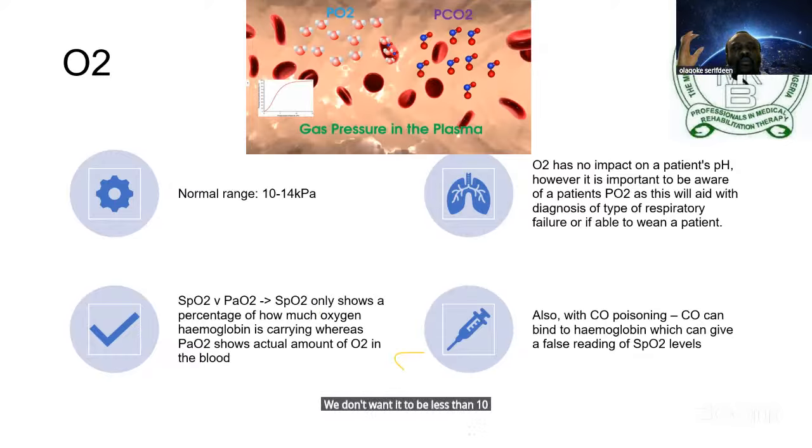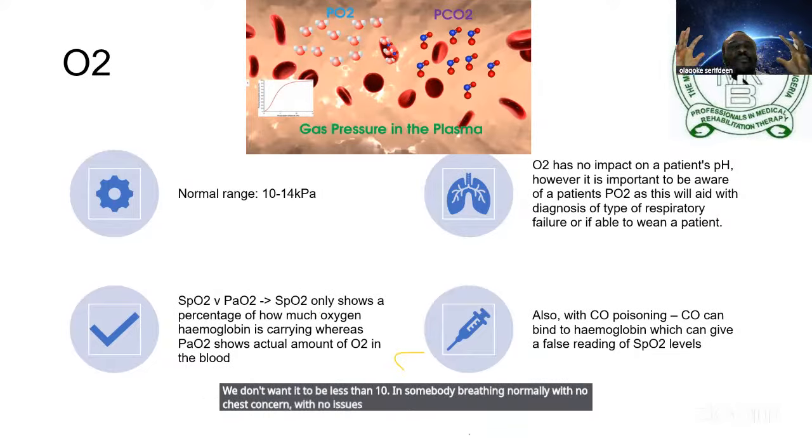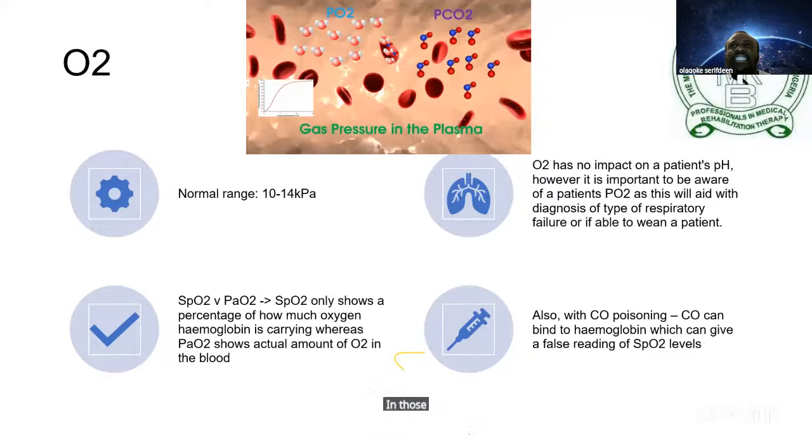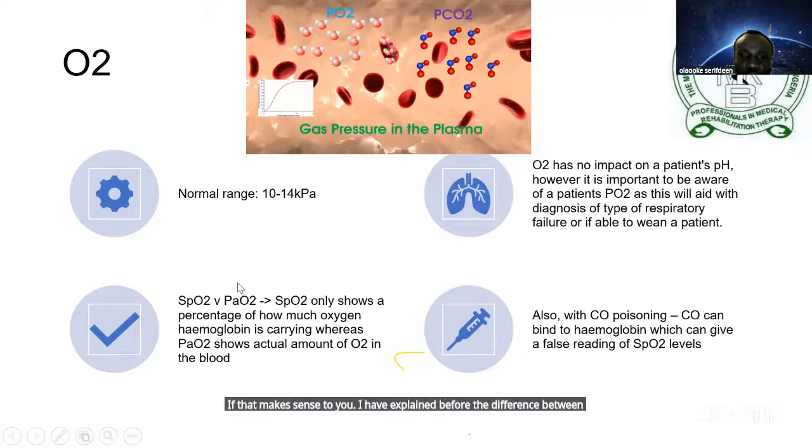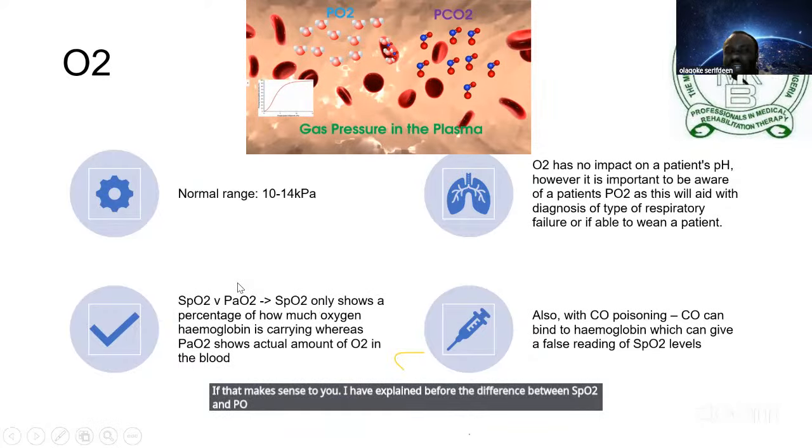In somebody breathing normally with no chest concern, no chest deformity, no hypoventilation syndrome, you will normally see PO2 greater than 10, if that makes sense to you. I have explained before the difference between SpO2 and PO2, and I've slightly talked about them now as well. I won't spend time on that again.